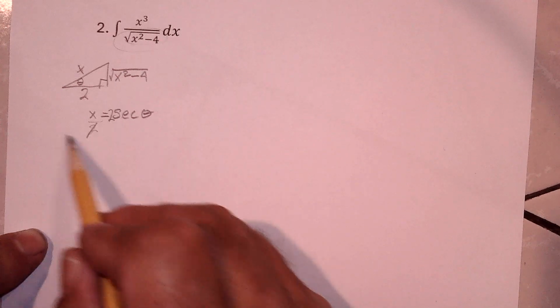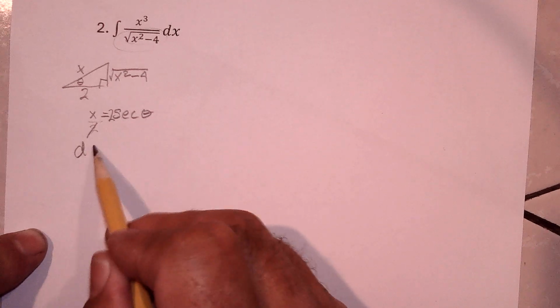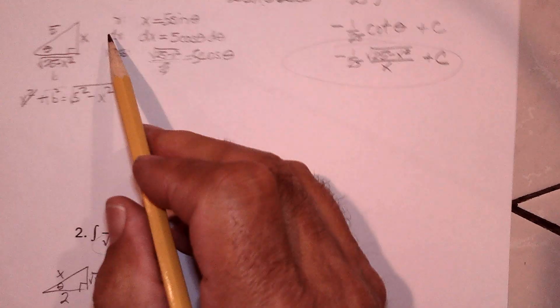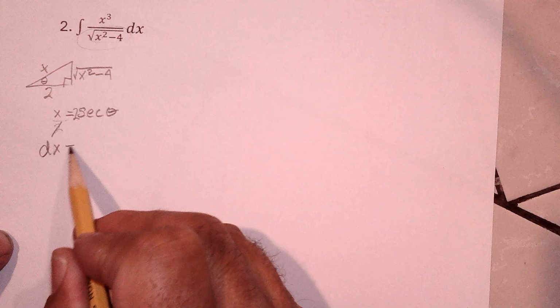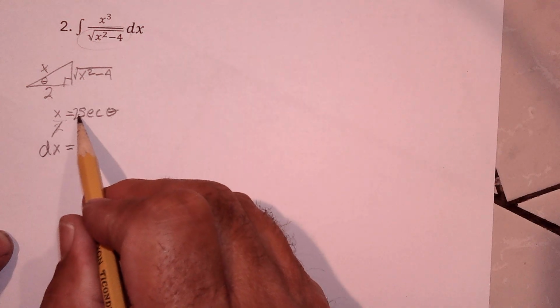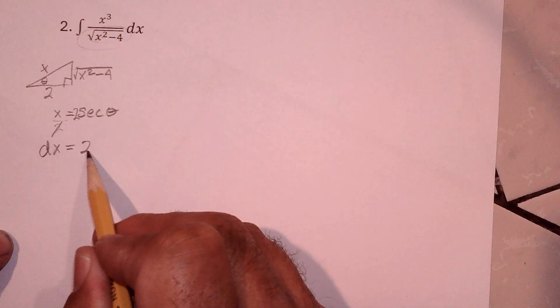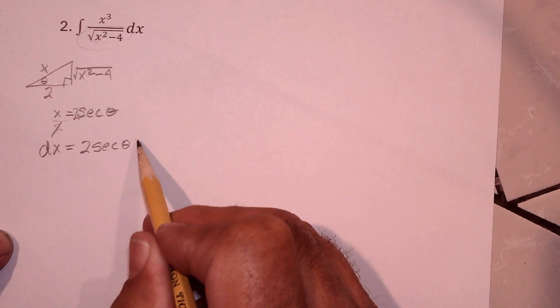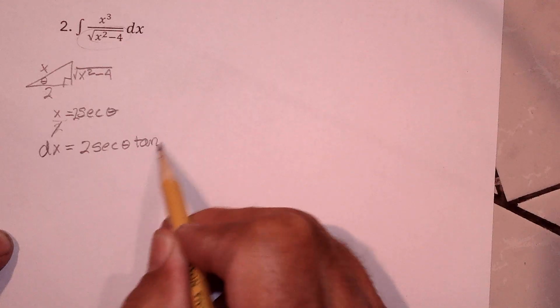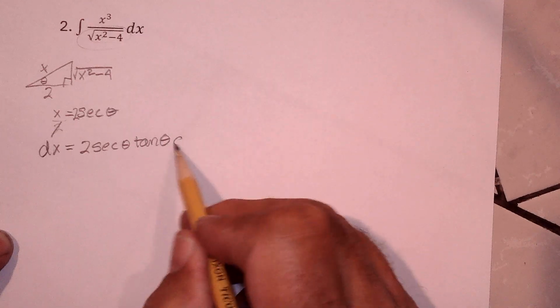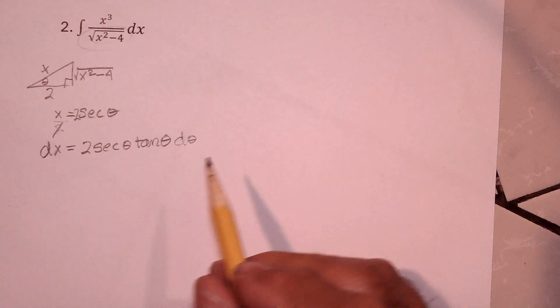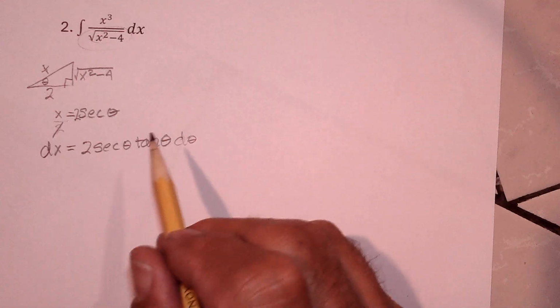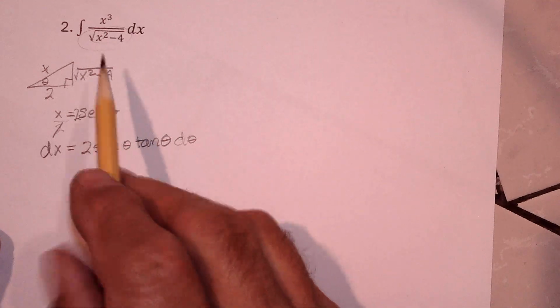And then if I take the derivative, I get dx. That's the second thing I want to find. And so the derivative of 2 secant theta is 2 secant theta tangent theta d theta, and then the mess.